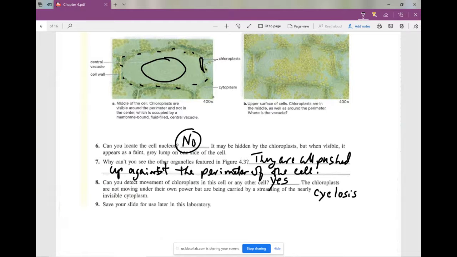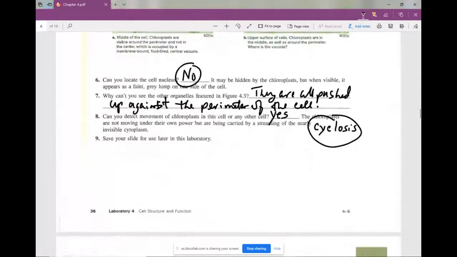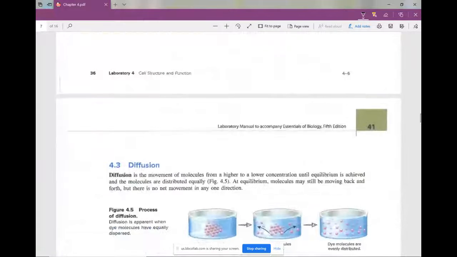It doesn't always work, but often we are able to see the chloroplasts moving in a clockwise or counterclockwise direction. And they keep moving, that's cyclosis. That allows them to take advantage of as much light as possible. So each one of them is taking turns with the light.